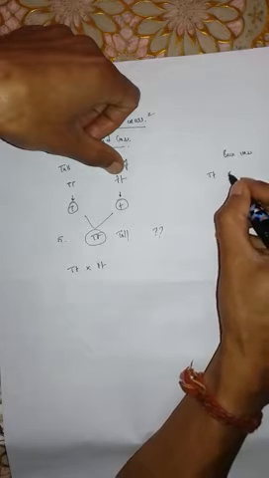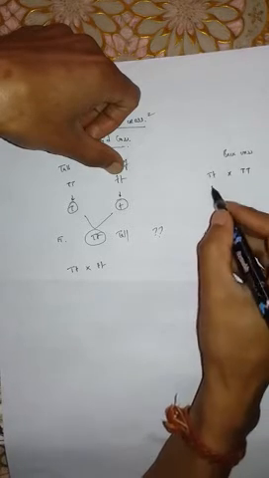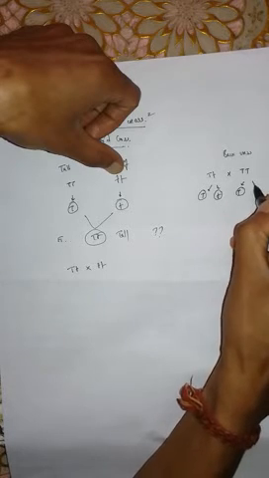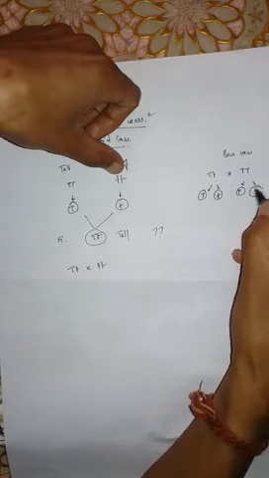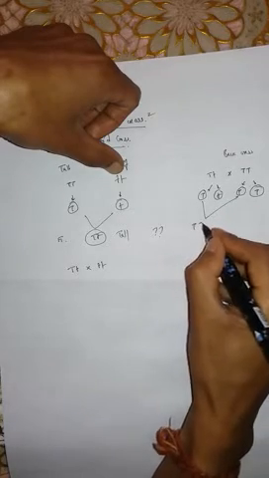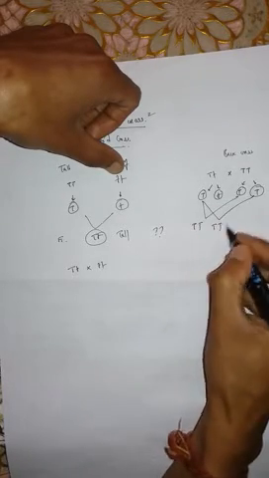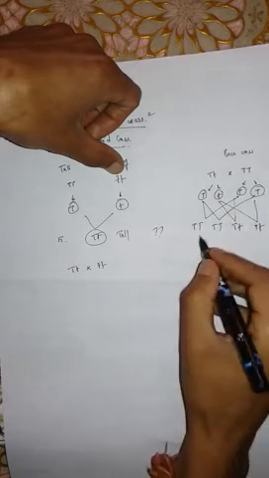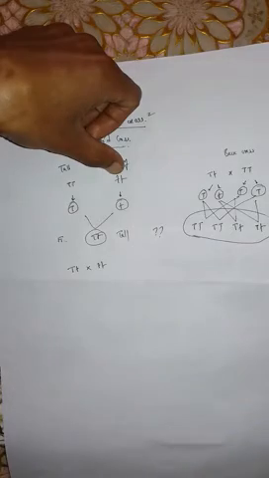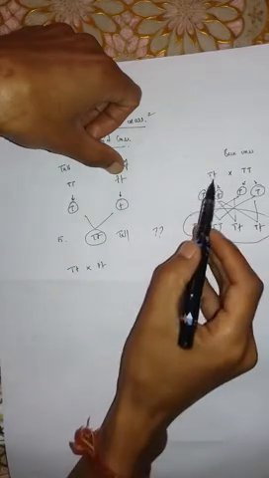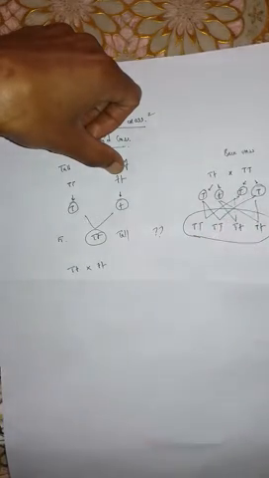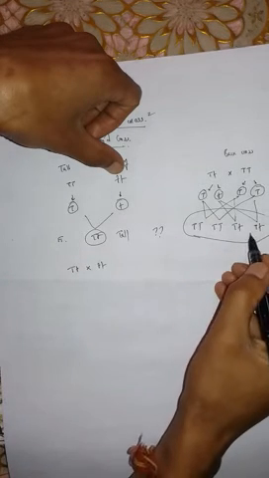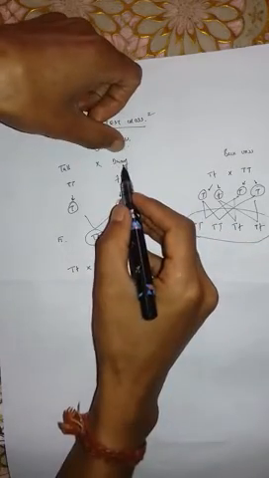So when we cross the F1 hybrid with the dominant parent, all the progeny in the offspring will be tall. Look over here, capital T capital T, capital T capital T, capital T small t, capital T small t. That means all the progeny will be tall when we cross the F1 progeny with the dominant parent. But here we cannot see the presence of the recessive or the dwarf one.